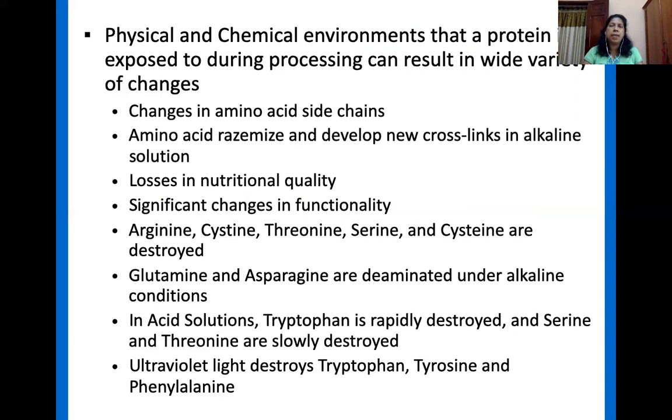The physical and chemical environments that protein is exposed to during processing can result in a wide variety of changes. The first one is changes in amino acid side chains. Physically, this means if we introduce shearing forces, for example in very high-speed beating, or if the chemical environment changes, the amino acid side chain can be changed.